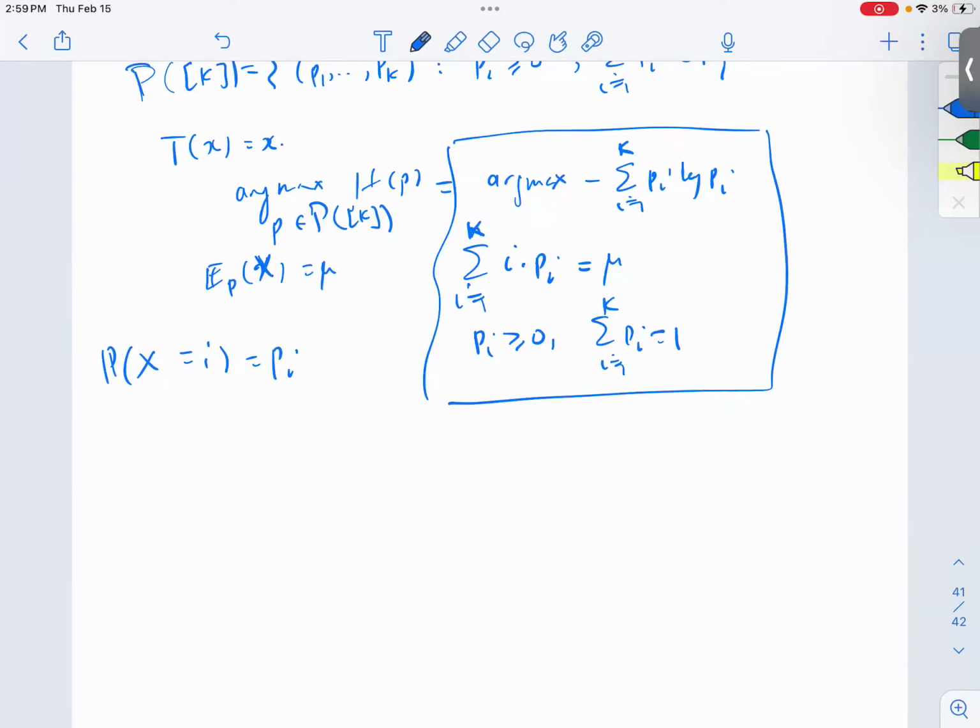There's this Lagrangian, which is negative summation Pi log Pi from 1 to k, plus lambda times the constraint. I'm going to put this as a penalty in the objective, so dualize basically this constraint.